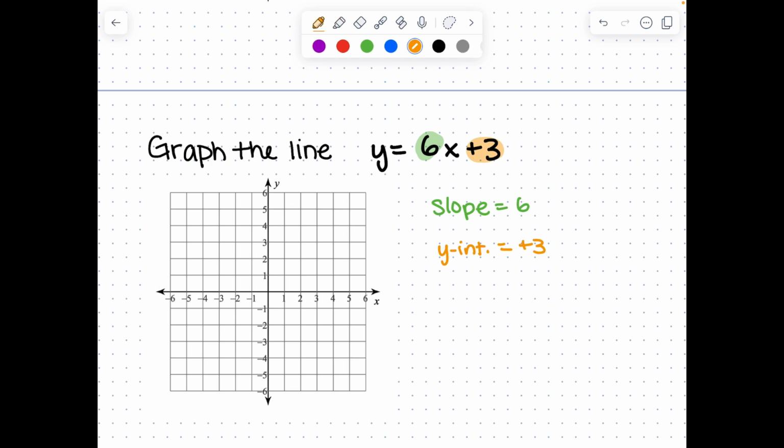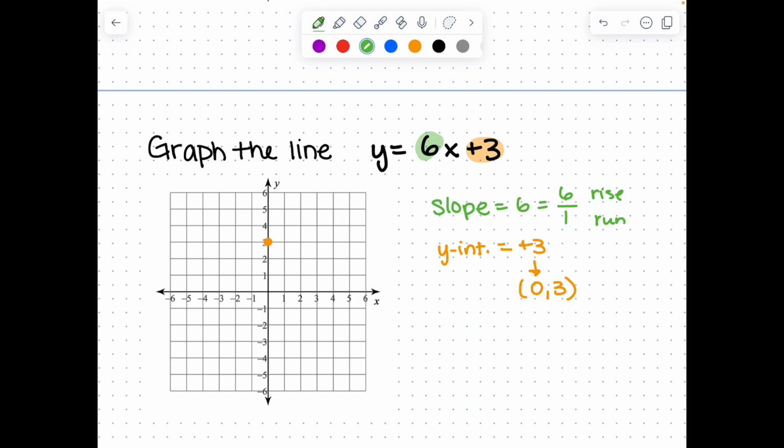So next step would be to plot this y-intercept point at 0, 3. Here's our y-intercept. Now our slope is 6. We're expecting this to be a fraction, rise over run. But remember, any whole number can be written as itself over 1, and that gives us rise and run.